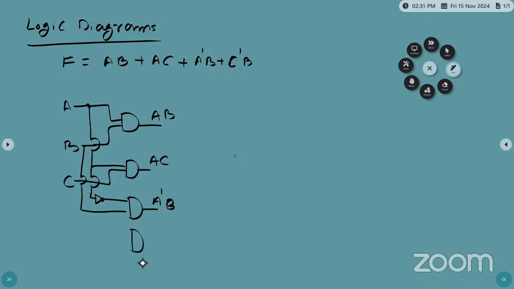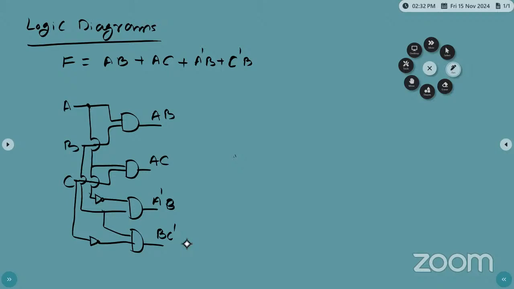Where is the B? B is as usual the same, and C you can take with the NOT gate. So this output is B C dash. According to the commutative property, we can write C dash B or B C dash. Okay, now what is the next one?